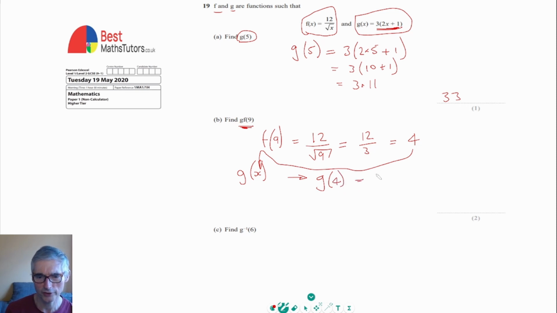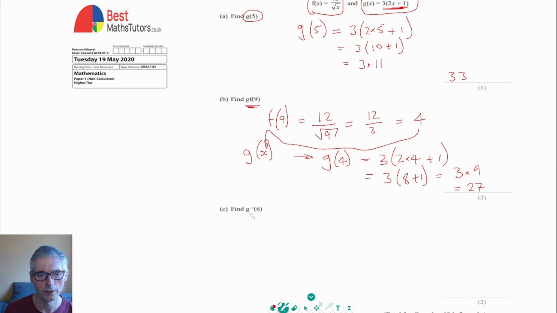That becomes 3 and then 2, replacing the x there by 4, plus 1. I'm going to work out the brackets first. So that's 3 and then 2 times 4 is obviously 8 plus 1. So that becomes 3 times 9, working out the brackets first. And 3 times 9 is 27.